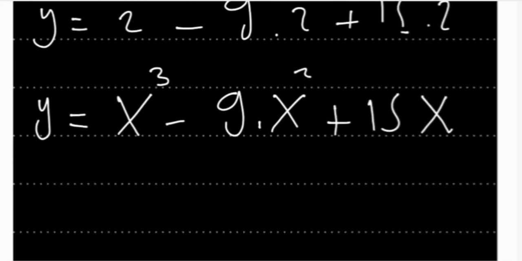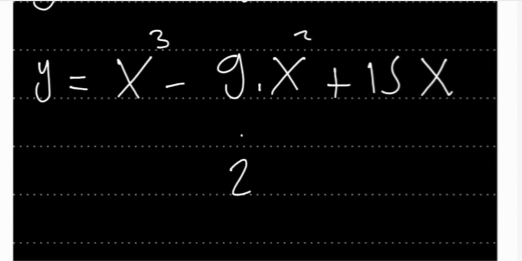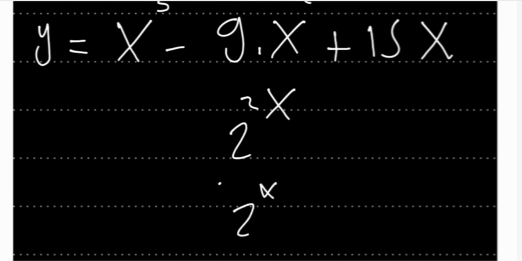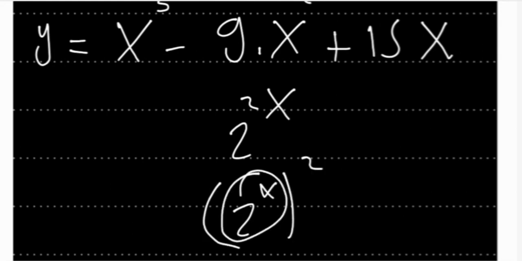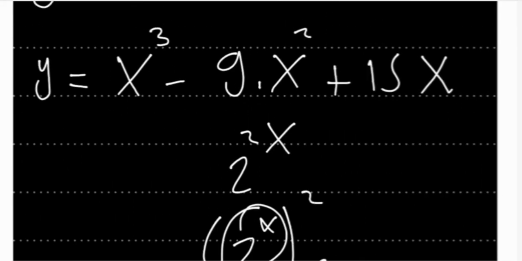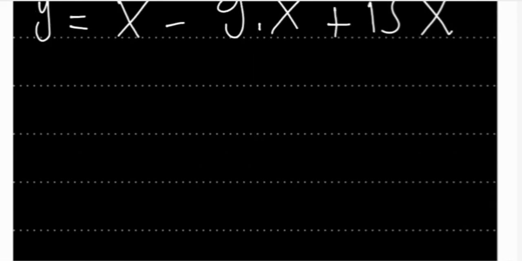Look, what am I trying to say? For example, we had 2 to the 2 of x, right? What I'm saying is that 2 to the x power to the 2 power is X to the 2 power, right? So this is what I'm doing, okay? So basic mathematics.